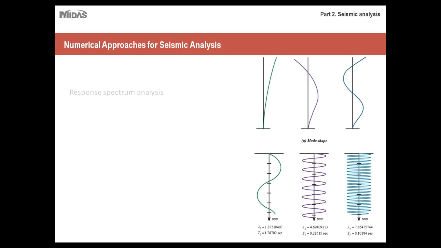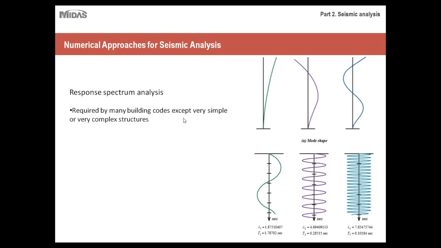But now for more complex or higher end analysis, the first analysis type we'll talk about is response spectrum analysis. It's required by many building codes except for very simple or very complex structures. So of the three analysis types that we'll talk about, the second one, response spectrum analysis, is the most widely used because for very simple structures, you can just use the equivalent linear analysis.